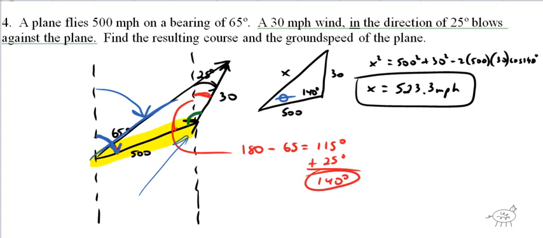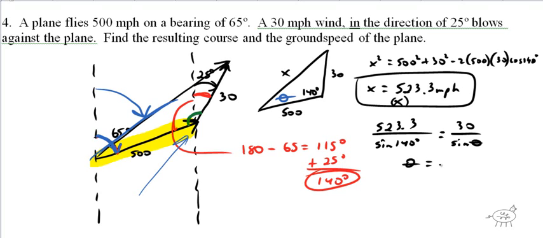So let's use law of sines. 523.3, which of course is stored in x because you never use a rounded value, over sine of 140 is equal to 30 over sine of theta.